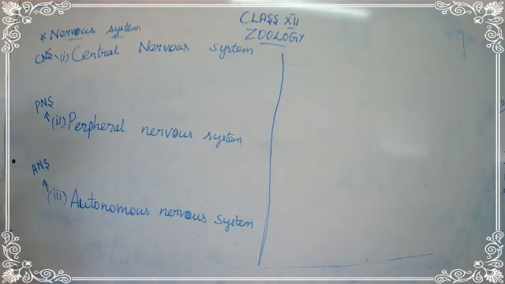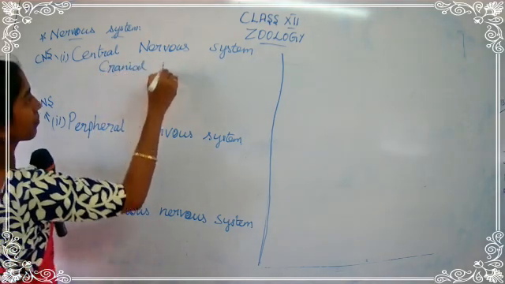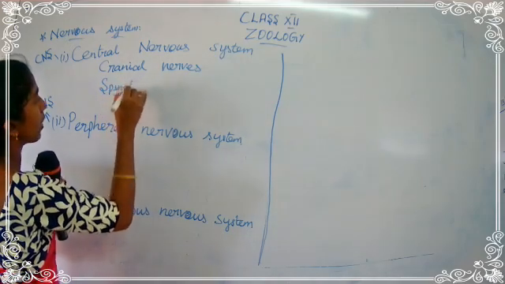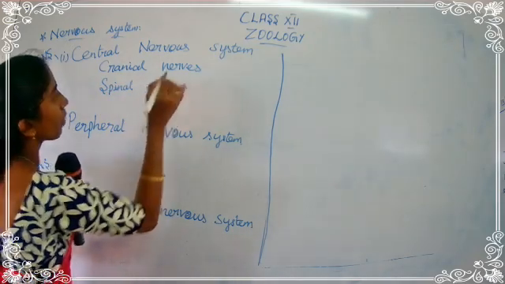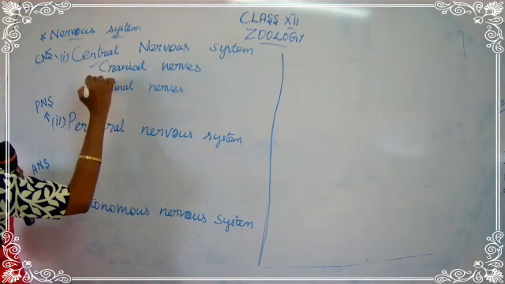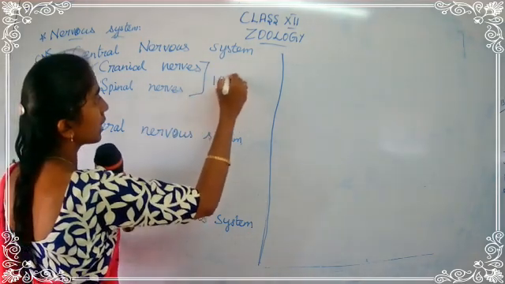And now the peripheral nervous system consists of 10 pairs of cranial nerves and spinal nerves. Okay. So what are those? Cranial nerves and spinal nerves.